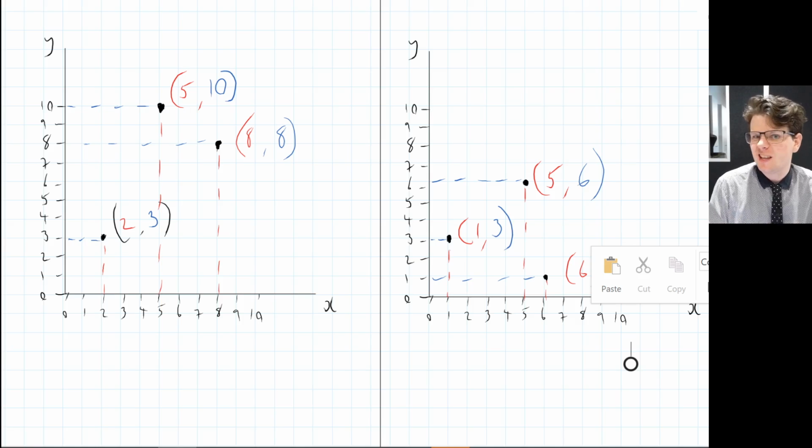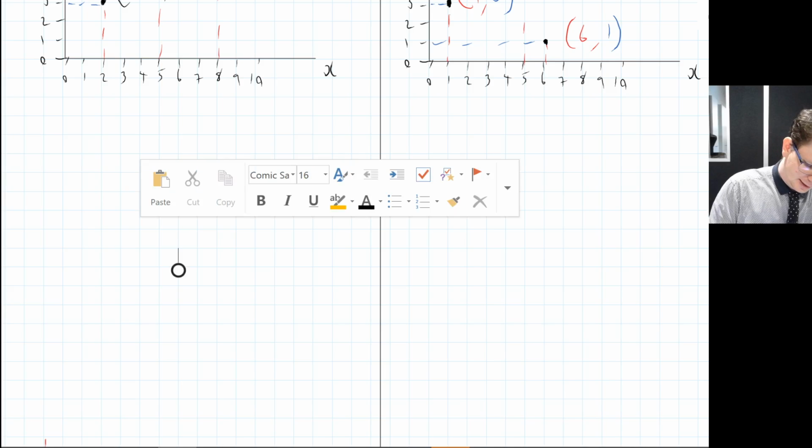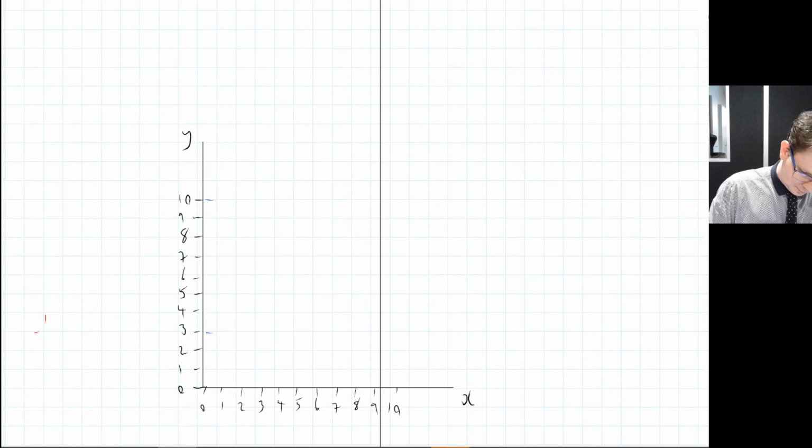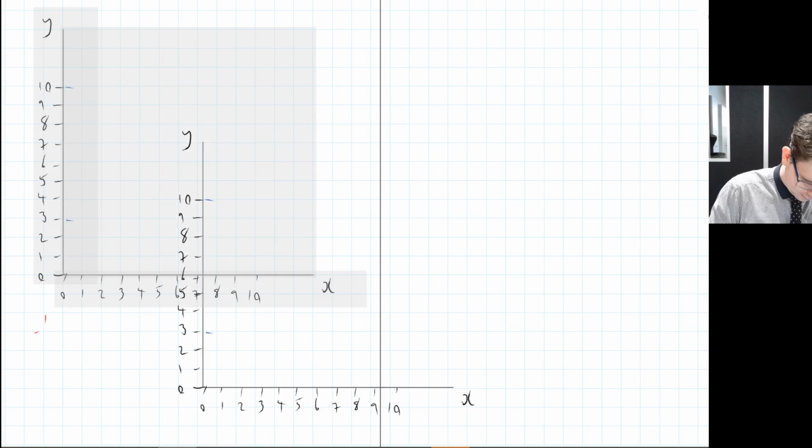Alrighty. So that's reading what points are, but what if I tell you what the point is, but I don't show you where it is? So this is going to be what we've just done, but in reverse. So I'm just going to put in my little axes again. Alrighty, and so this time I'm going to give us some points to plot.